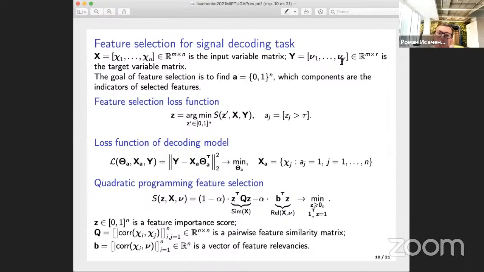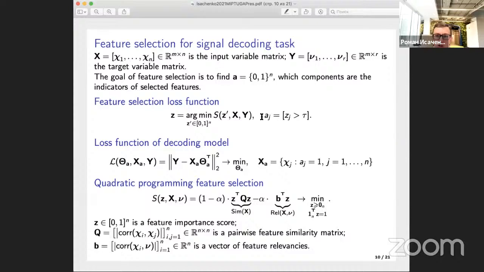To get a simple model and, moreover, analyze the importance of specific features, let's consider the problem of choosing the optimal feature subset. The goal of the feature selection problem is to find a binary vector A whose components are indicators of the selected features. We introduced the loss function S for this feature selection problem and the vector Z that contains the importance values of the initial features.